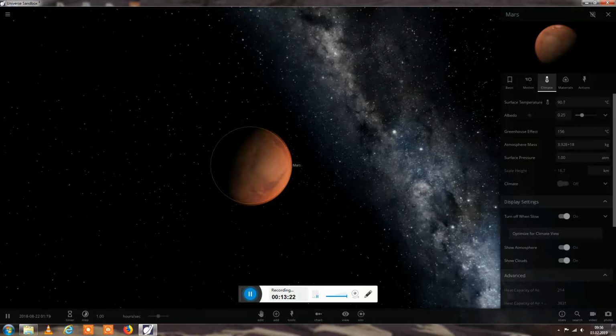It shouldn't be done all in one go like what I just did. It should be done slowly, because as you can see, the surface temperature is now nearly 100 degrees Celsius. So that would actually be now the boiling point of water.